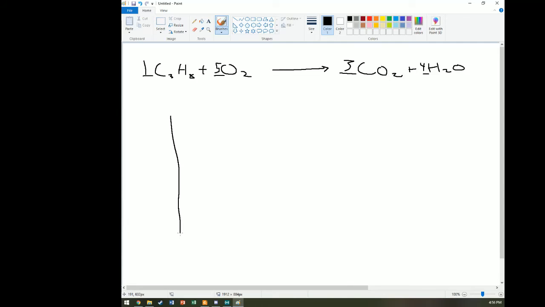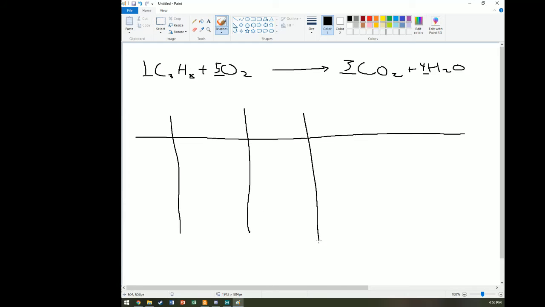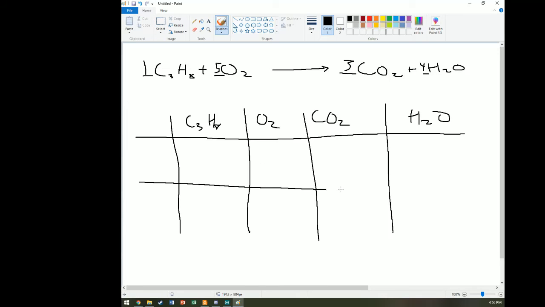What I do is make a chart like this. This is before and after.